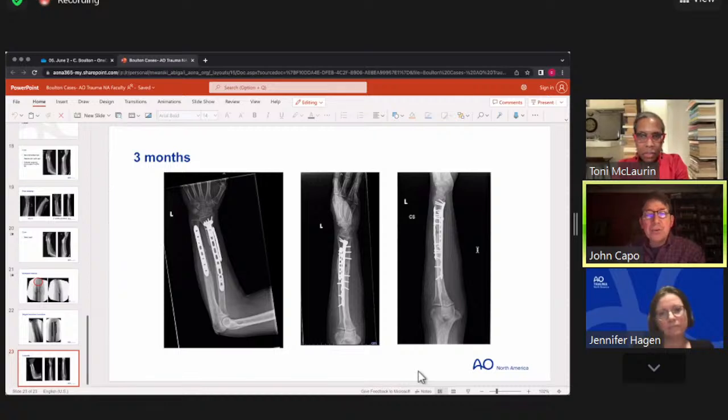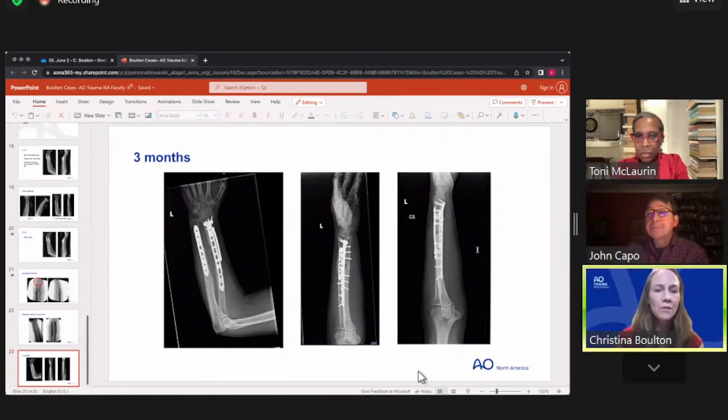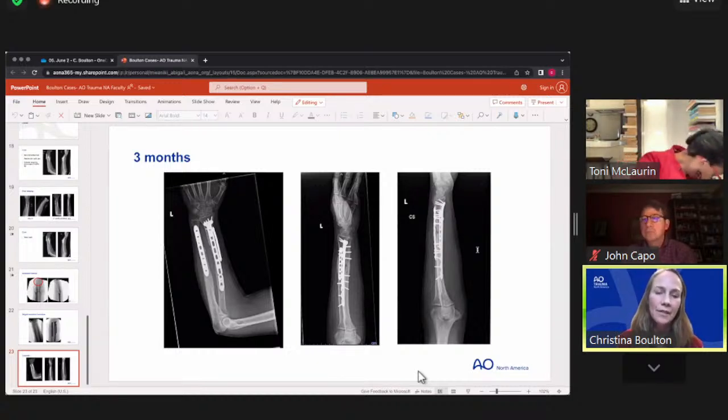Christina, why did you do the dual plating on the radius? I think it makes sense, but maybe you can comment on that. Yeah, so I did that one for a couple of different reasons. I had put a little extra bone graft over there, and so I tucked that bone graft into that side plate. I often will do this, and this is a beefier plate than I would usually use for this.